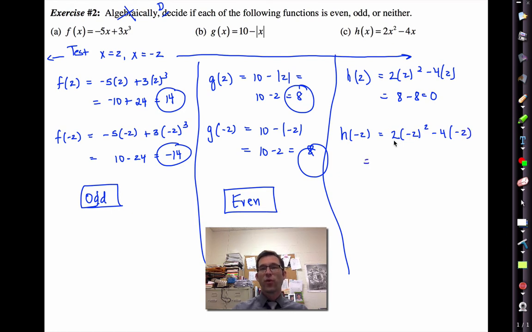Negative 2 squared is 4 times 2 is 8, but then that's 8 plus 8, which is 16. Now notice those two outputs are neither the same, equal, nor are they opposites. So that definitively tells us that this is neither even nor odd.